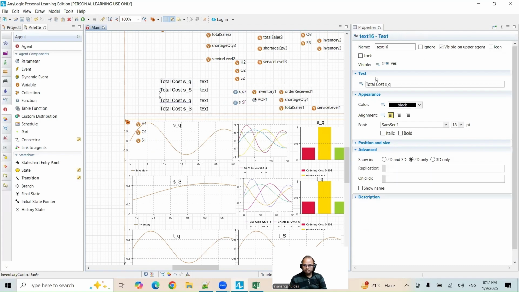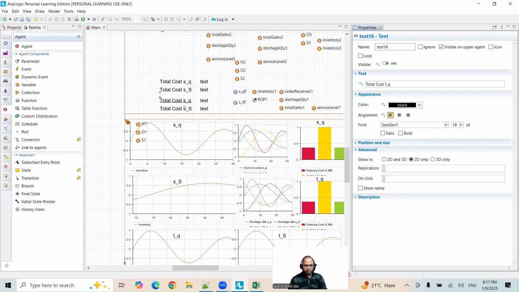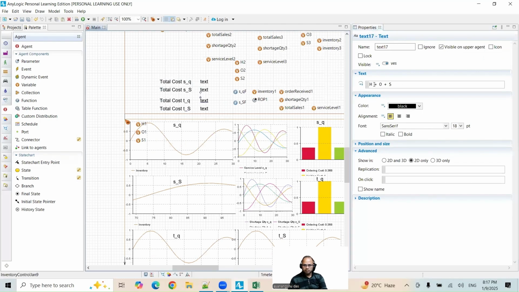For TQ, the total cost would be for TS. Declare this as H2 is 2. Declare H3 minus 3.